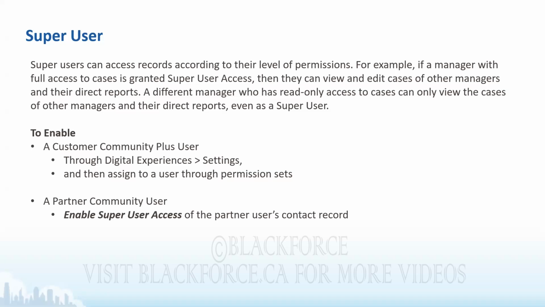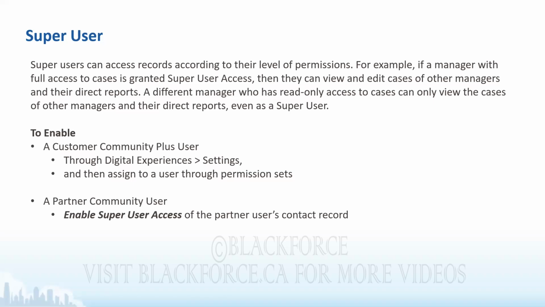To enable a super user, there are two ways to do it. For the Customer Community Plus user, it's a different method. To do that, you go to Digital Experiences, Settings, and then enable the button there. And then subsequently, you have to assign the super user role to a user through permission sets.